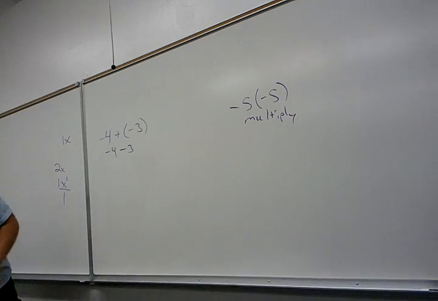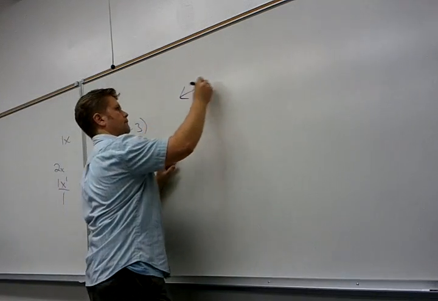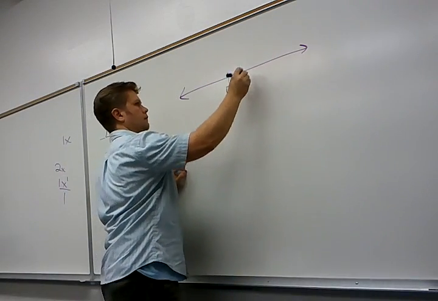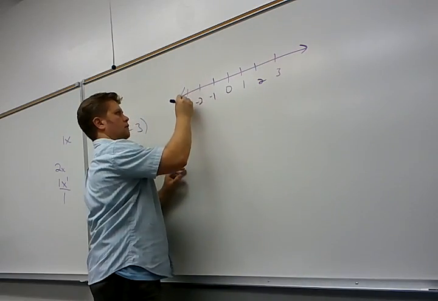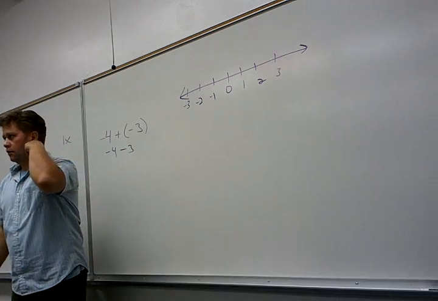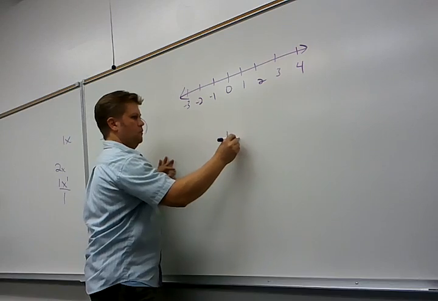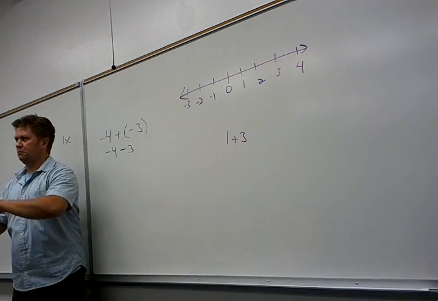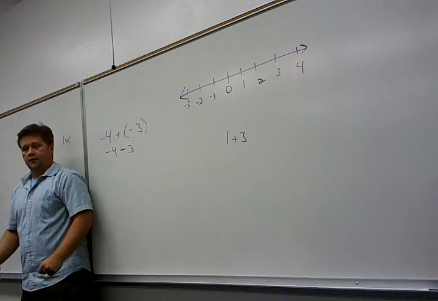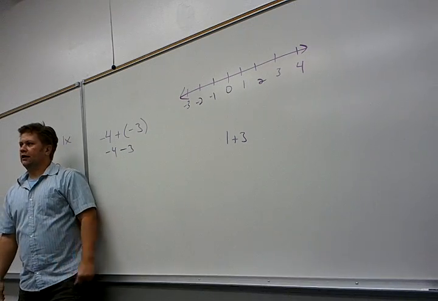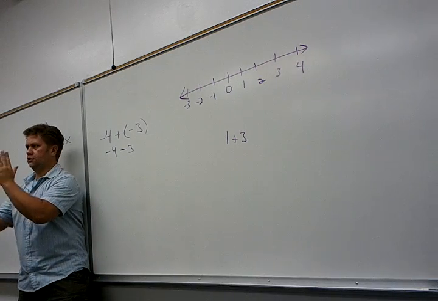Okay, so let's get even a little more deep into this. Number line. So if I have 1 plus 3, now just bear with me, because we're going to build up to the freakier negatives in a minute, but I just want to establish some ground rules. 1 plus 3 visually, that means start at 1 and go where? 3 to the right.